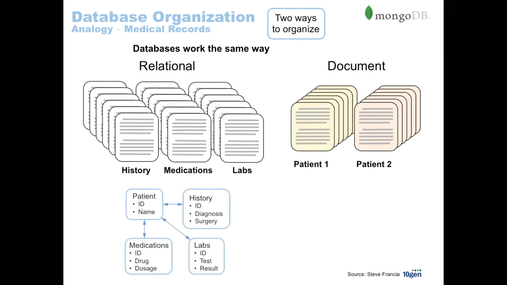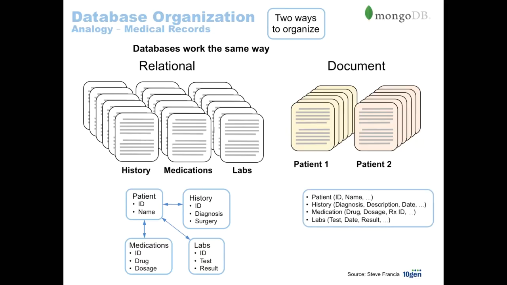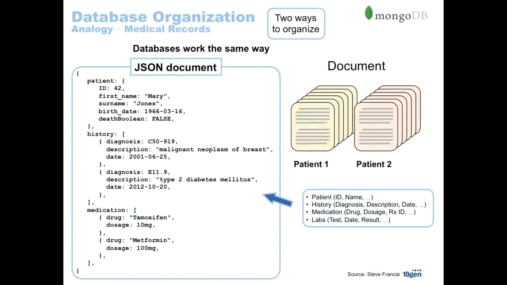And so you have a data model for the relational database that looks something like this. For the document, your model looks more like this, which leads to a JSON document that looks like this, where inside the information about the patient, you have information about ID, name, birth date, whether they're still alive or not.